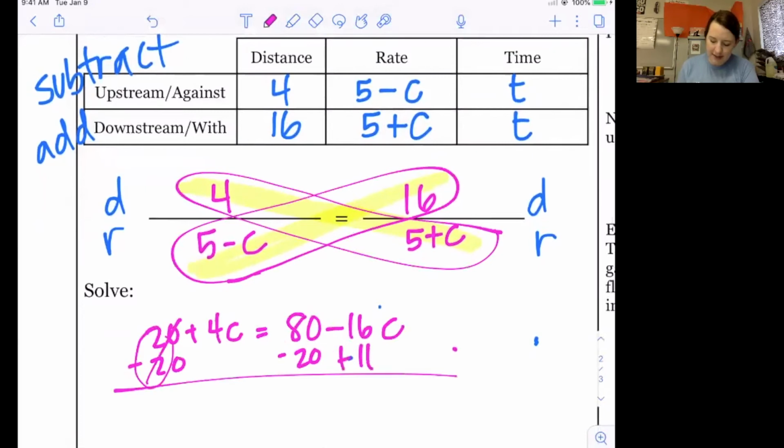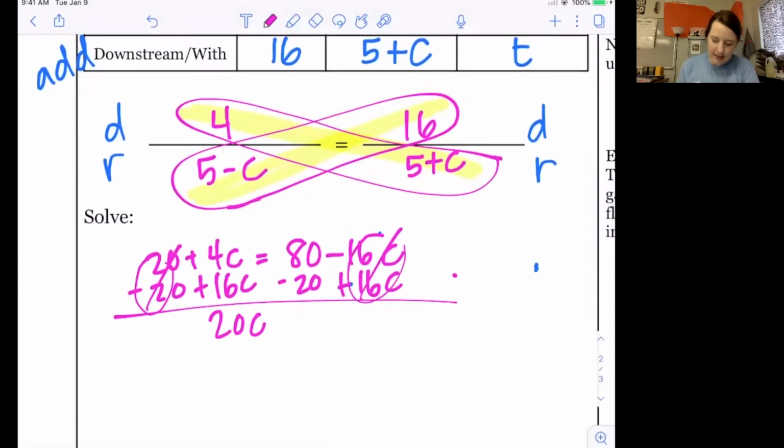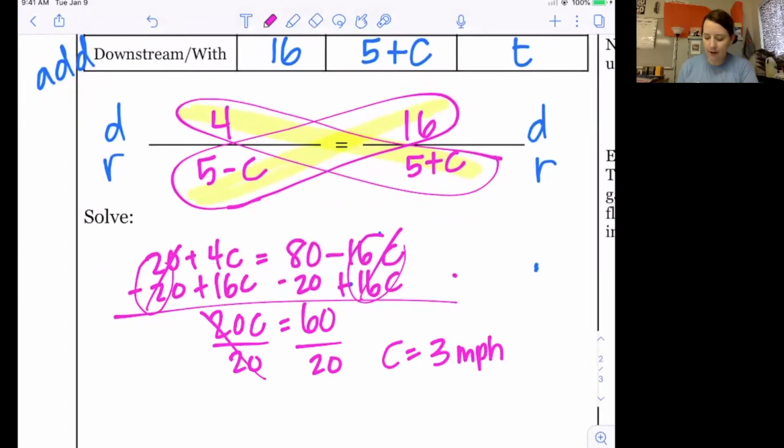I'm going to add the 16C to the left. So I get 20C equals 60. And when I divide, I find out that C equals 3. Okay, and we're measuring the speed of the current, so that's going to be 3 miles per hour.